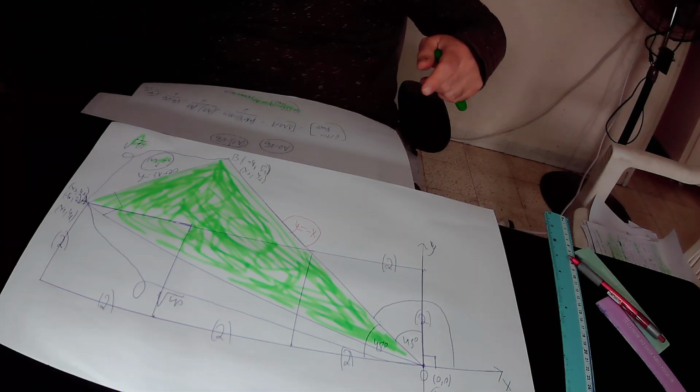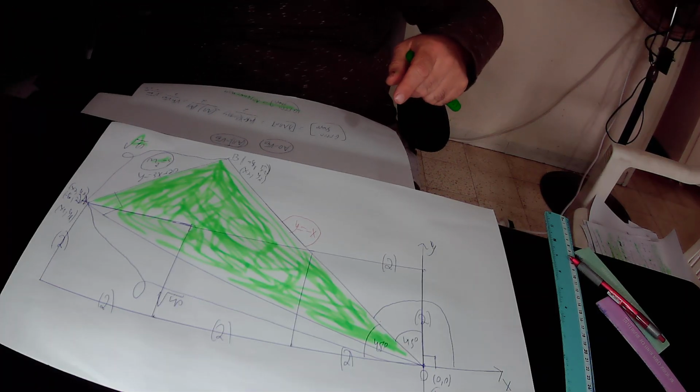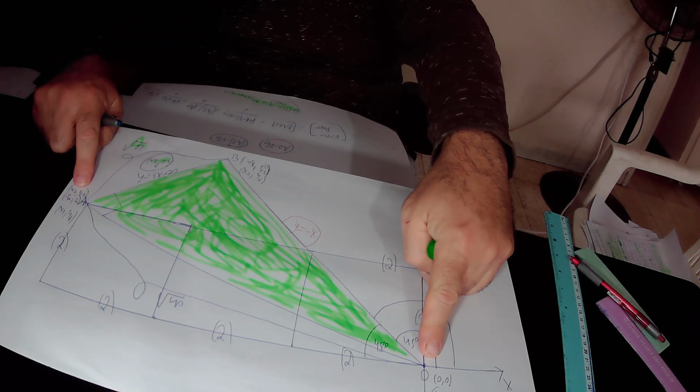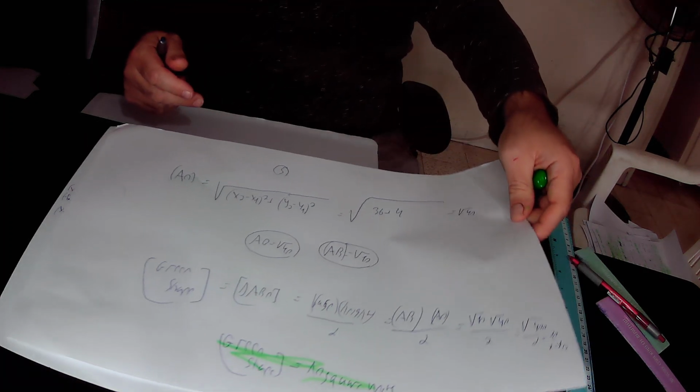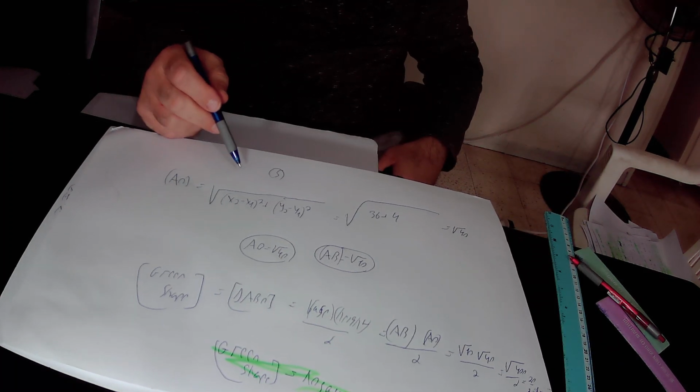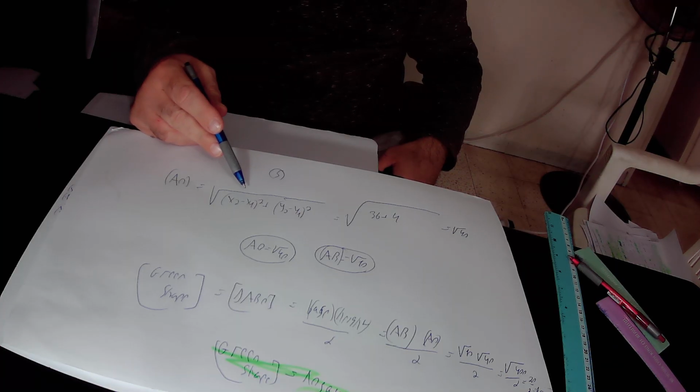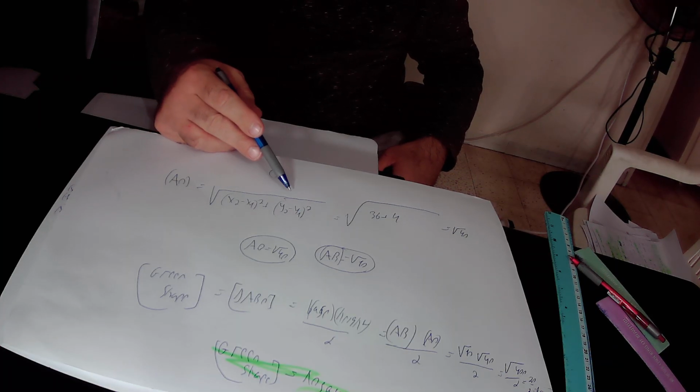Again, the distance between those 2 points A and O equals the square root of x2 minus x1 squared plus y2 minus y1 squared.